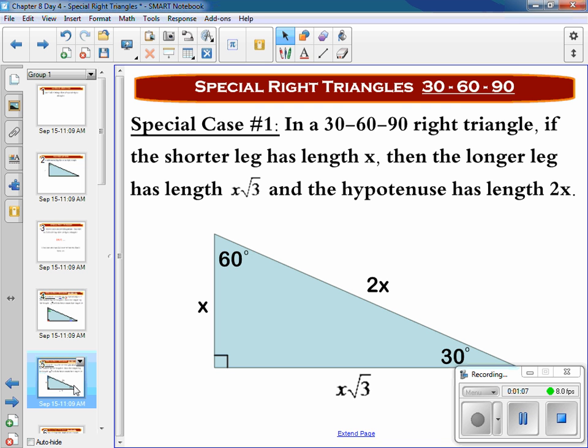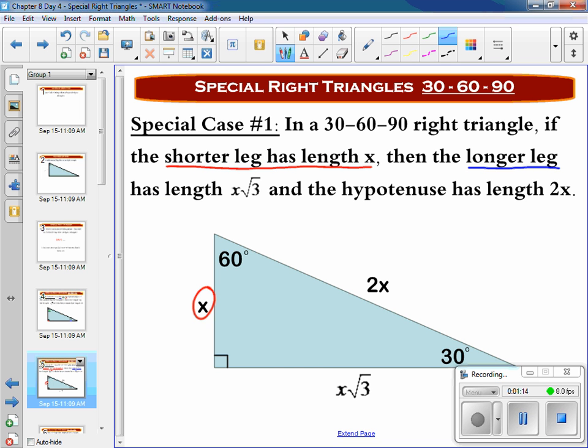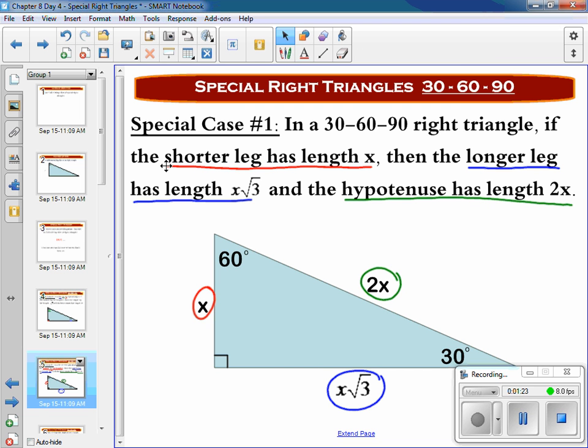So the shorter leg has length x, the longer leg has length x times the square root of 3, and the hypotenuse, remember the hypotenuse is the longest of the three sides, has length 2 times x.